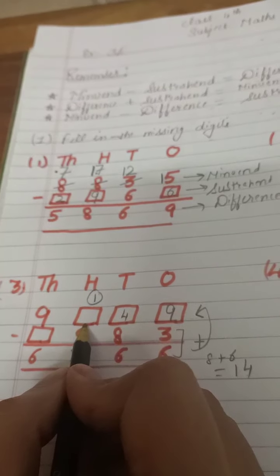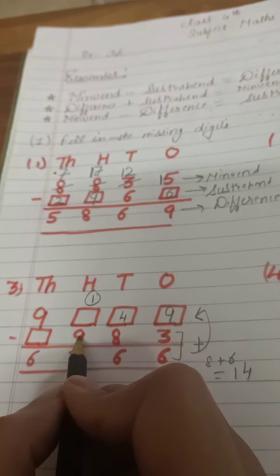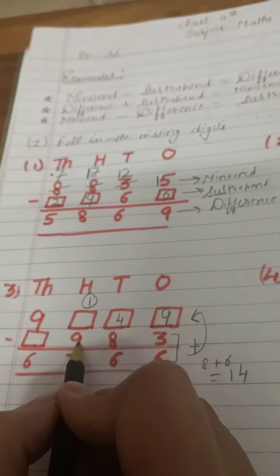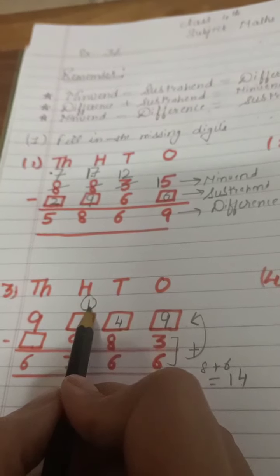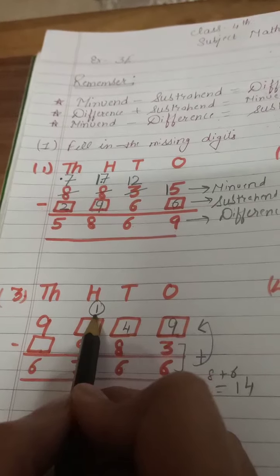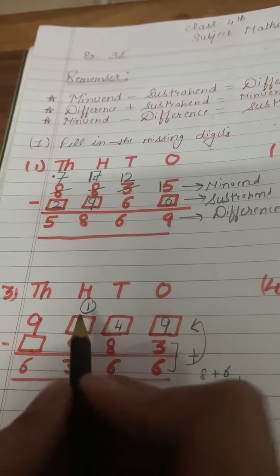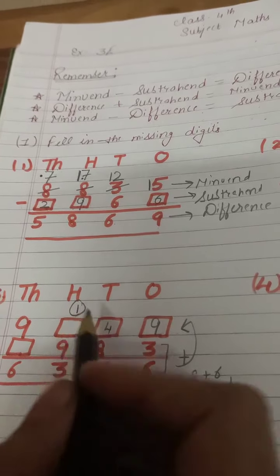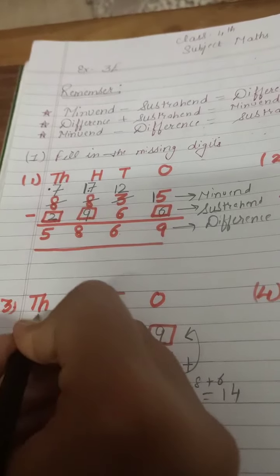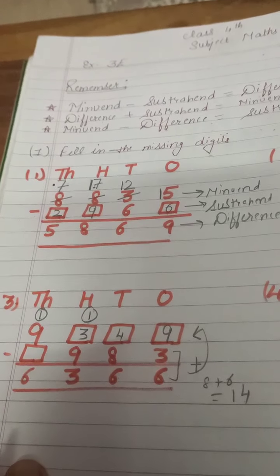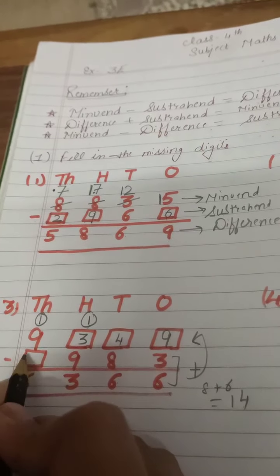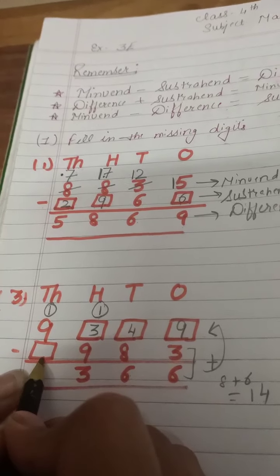Okay, now again here we have to find minuend. So we will add the difference and the subtrahend. But 1 is carry over here. We will add this 1 carry also. Okay student, 9 plus 3, yes, 12, and 12 plus 1, 13. So write here 3, 1 carry over here. Now here we have to find, yes, subtrahend.